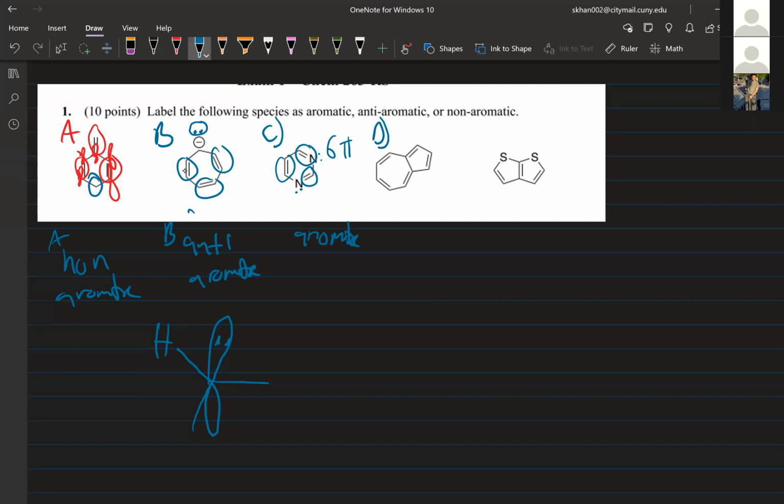D, those two lone pairs are not part of the thing. The two lone pairs, the electrons are not participating in aromaticity since the p orbitals are being used.